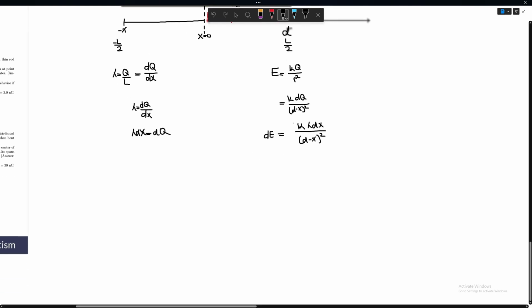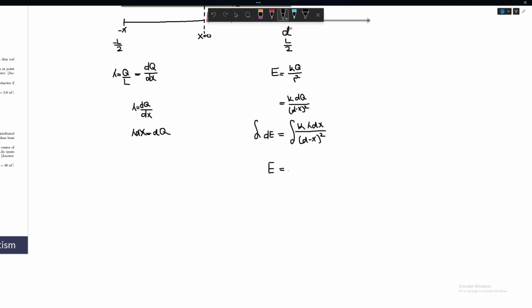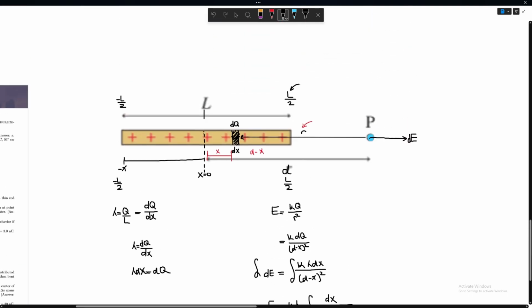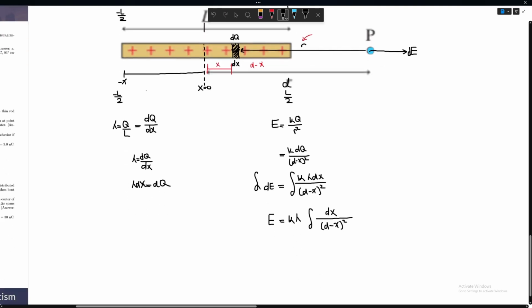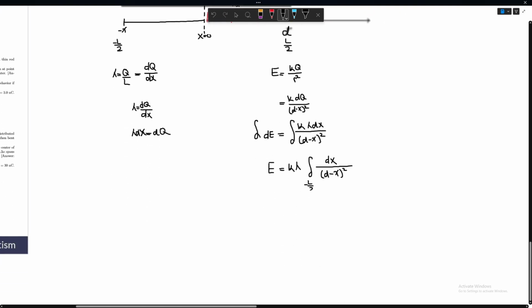Now, if I take this and integrate both sides, I will get the electric field equals, well, k is a constant, lambda is a constant, dx is not constant, so this is the integral of dx all over d minus x squared. Now, what am I taking this integral from? I'm taking it from L over 2 to negative L over 2, or the other way around, so negative L over 2 to L over 2.